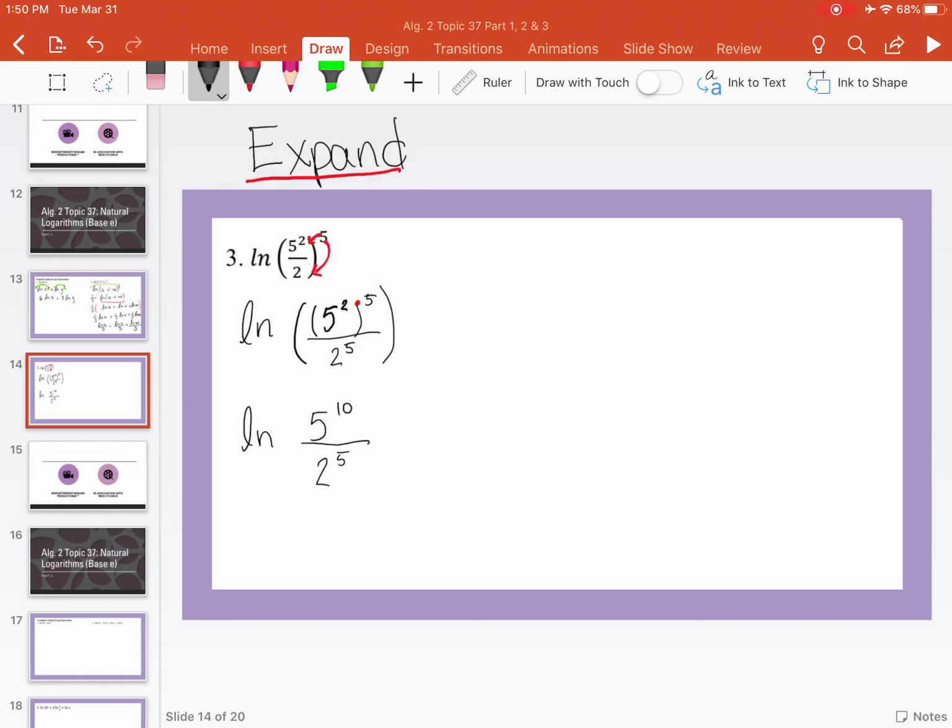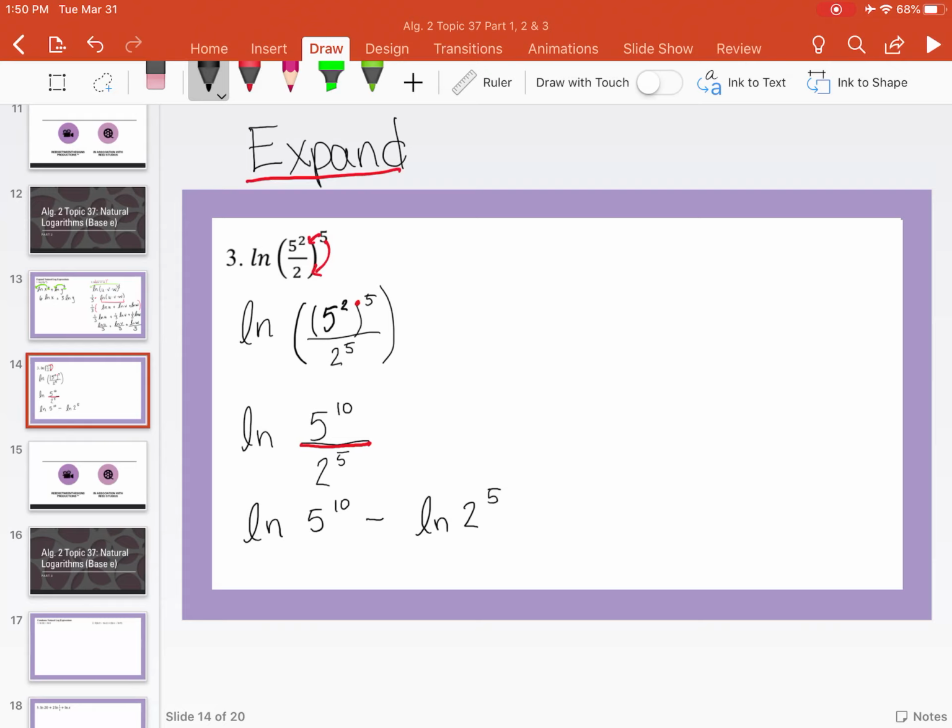Now here, what operation do I see? I see division. So that translates to subtraction when I'm dealing with logarithms. So this would give me ln of 5 to the 10th power minus ln of 2 to the 5th power.